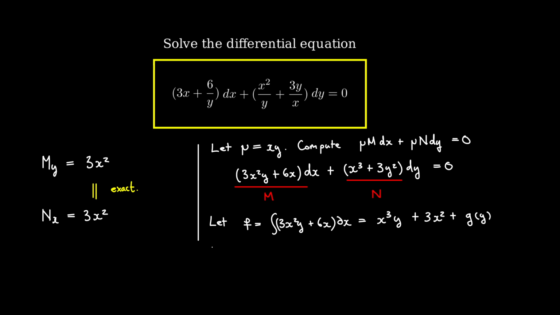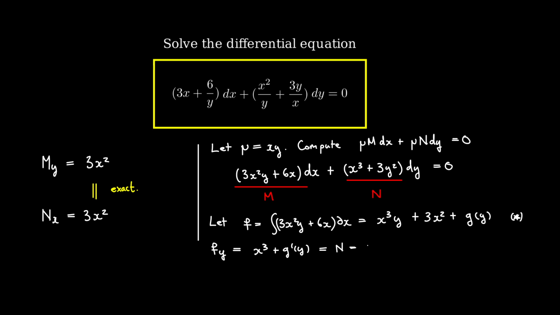Great. Now we can use the second piece of information, which is that if we partially differentiate f with respect to y, then we should get N. So let's differentiate this expression here with respect to y. Then we'll get x cubed. The 3x squared falls away completely because it's a constant. And then we have g prime. Okay, and now as we just said, this has to be equal to N by exactness.